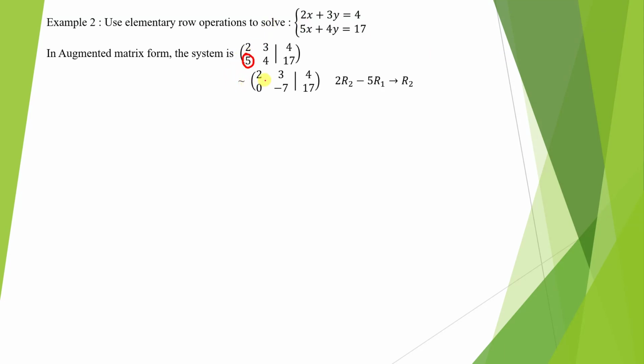Eliminate 5 to 0 by row 2 minus 5 times row 1, which is 0. Then like this one, we use row 2. So we take this row 2.